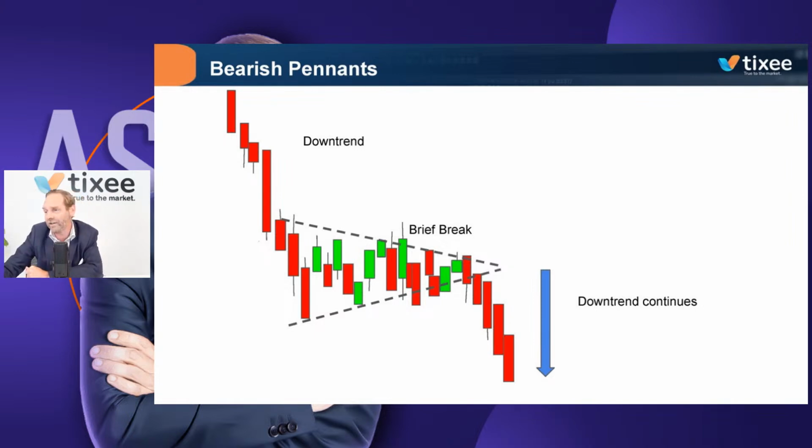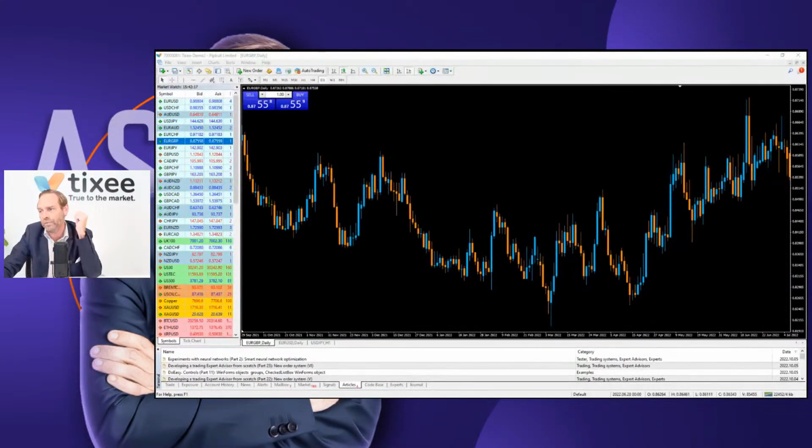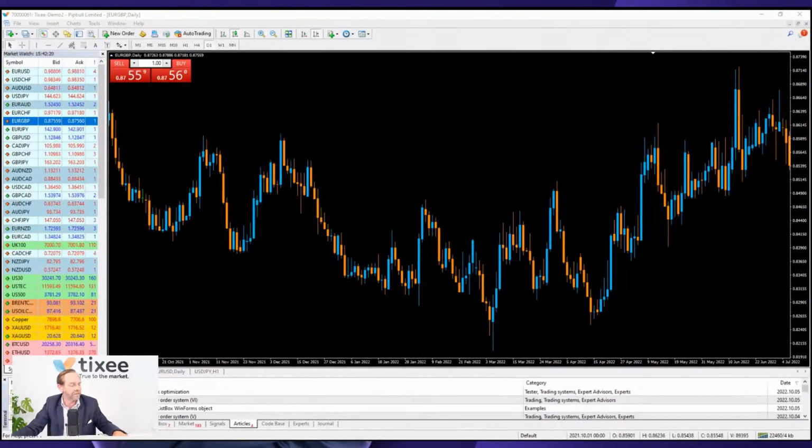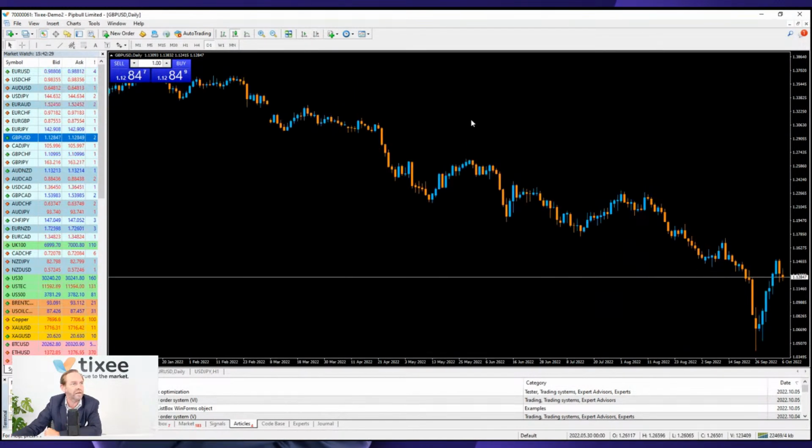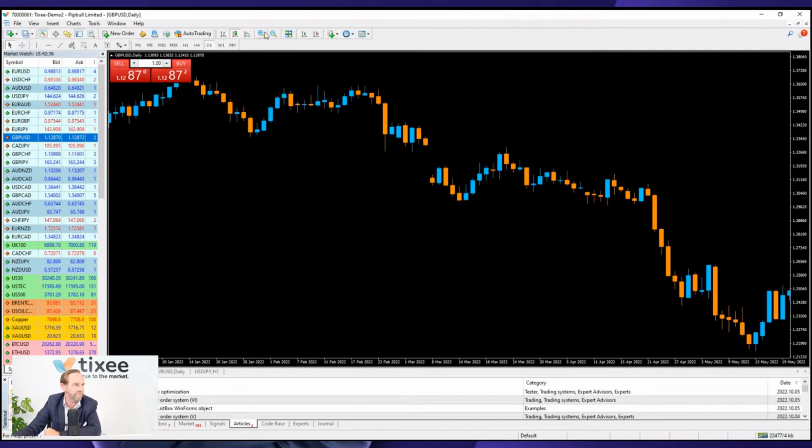Now, let's have a look at an example of this as well. Let's pull that to make it a bit easier to see. Okay, let's go back to the sterling again. Here we go. Let's move in a bit closer so we can see it a bit better. So we've got downward pressure here, and then the market starts to come down a little bit.